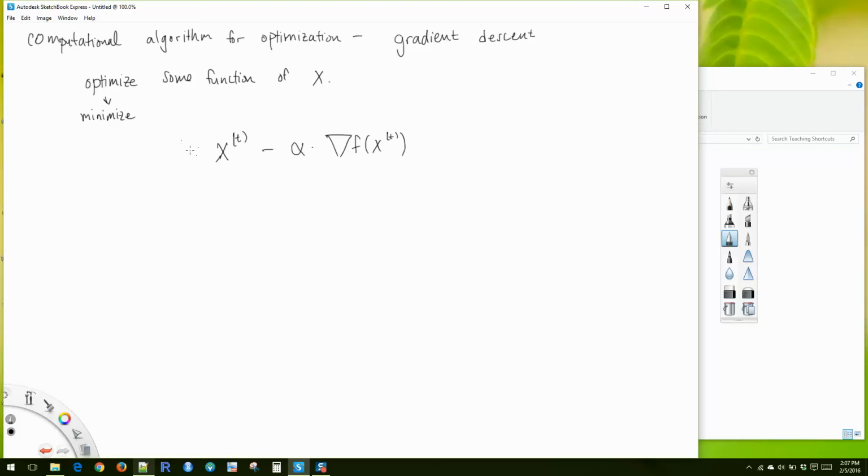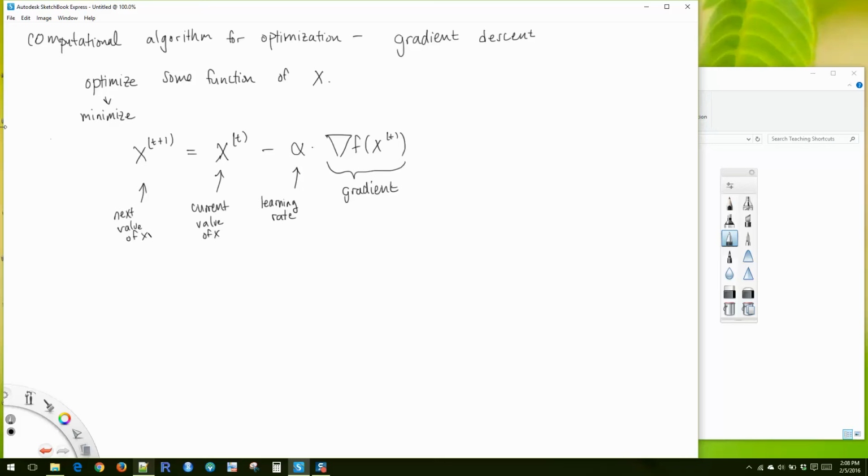Okay, and the resulting value is going to be x at time t plus 1. So this is the gradient, and this alpha is called the learning rate. This is our current value of x, and this will be the next value of x.